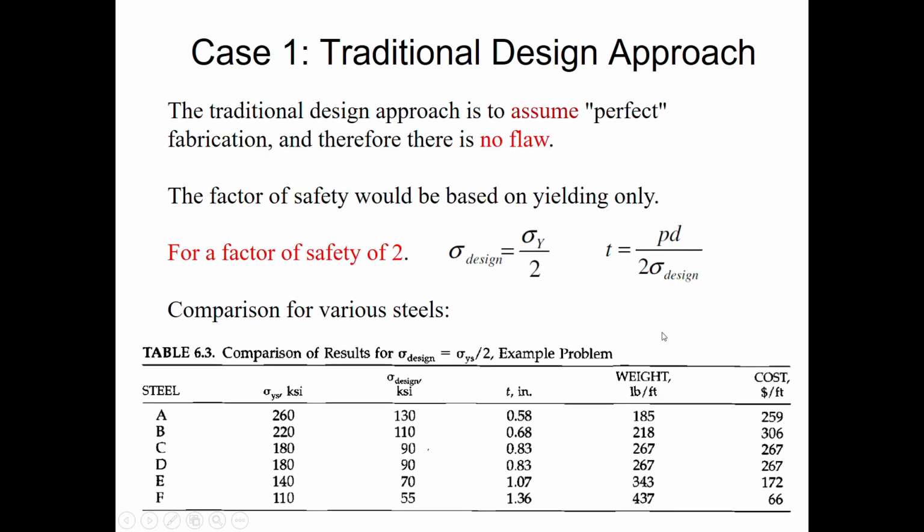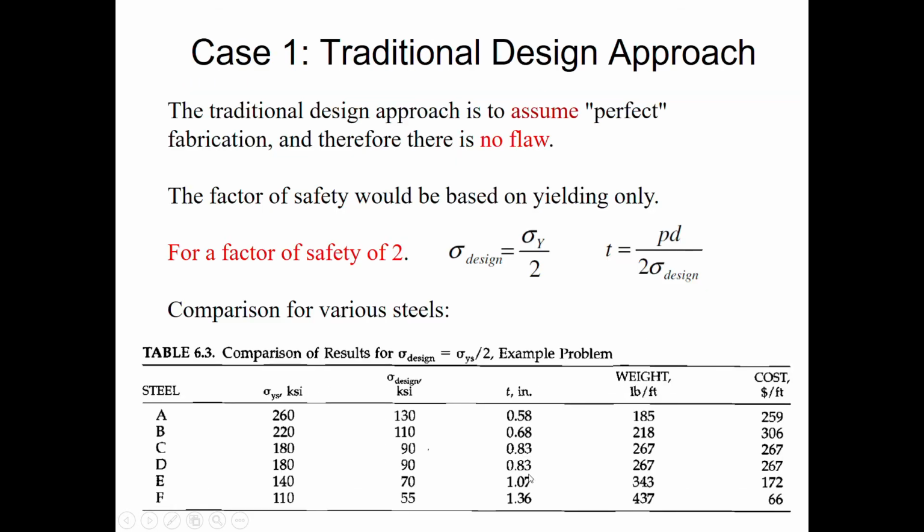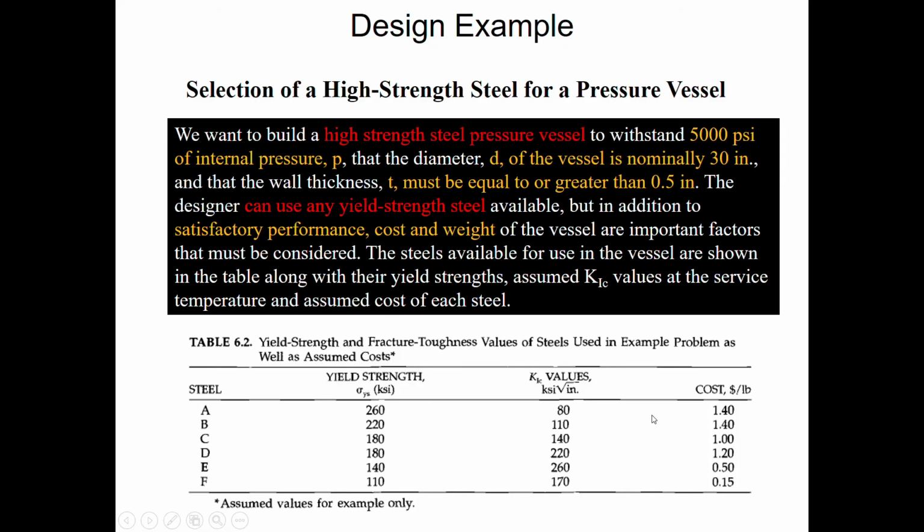So you will get T equal to 0.58 inch. Okay, they already give you that the condition must be equal to or greater than 0.5 inch. In this table, let's say you take that as 0.58, so it can be considered. Okay, the weight now is 185.